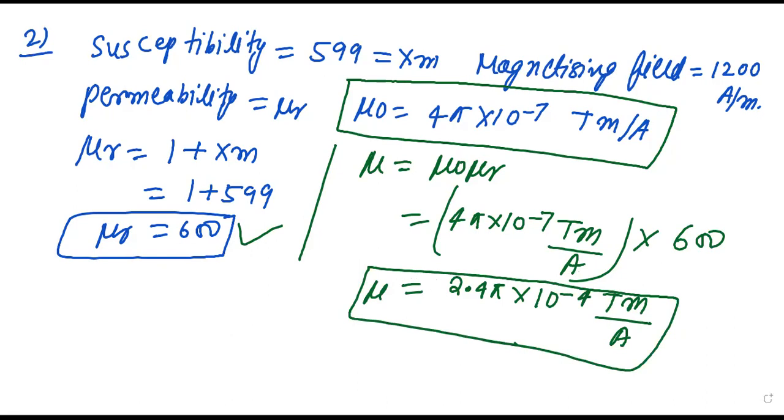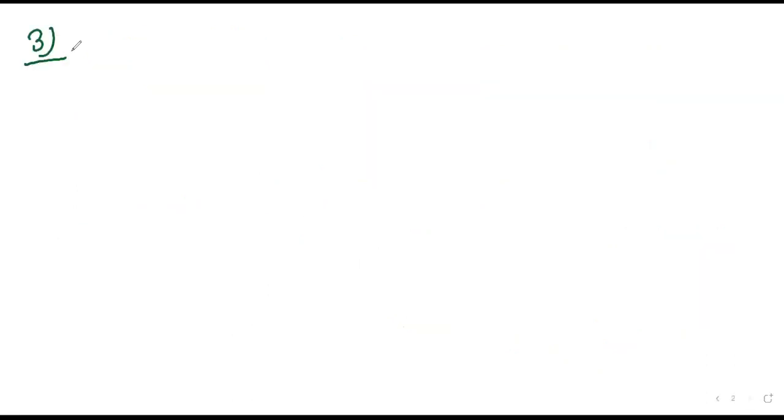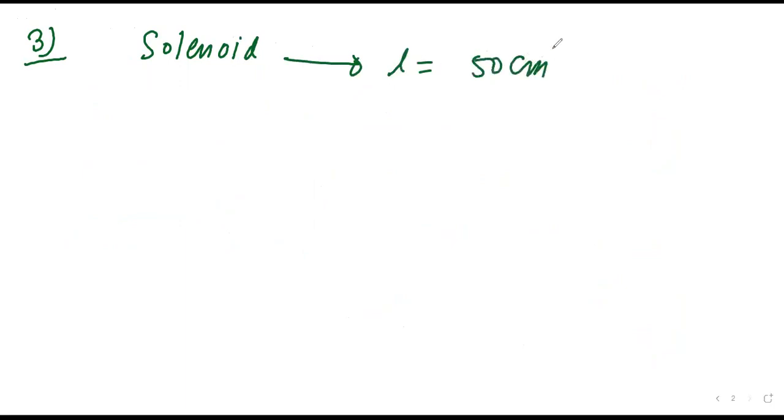Now see the next sum, the third one. A solenoid of 50 centimeter length. So there is a component whose name is solenoid, whose length is 50 centimeter, having 100 turns, carrying a current I equal to 2.5 ampere.